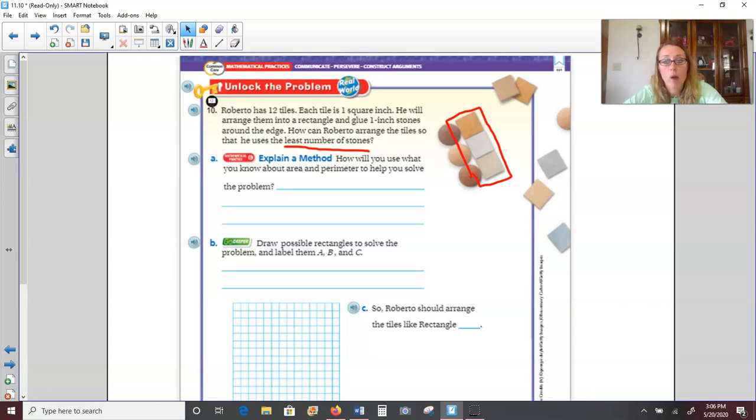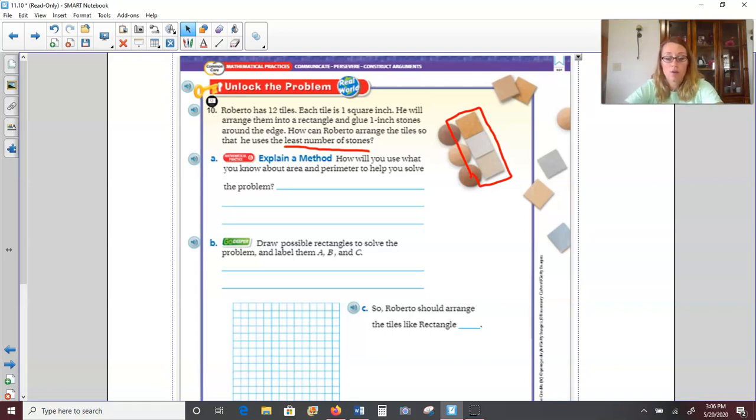And he has 12 tiles, so we can experiment a little bit. We can practice drawing some rectangles that have an area of 12 square inches, and find the one that makes the least perimeter.